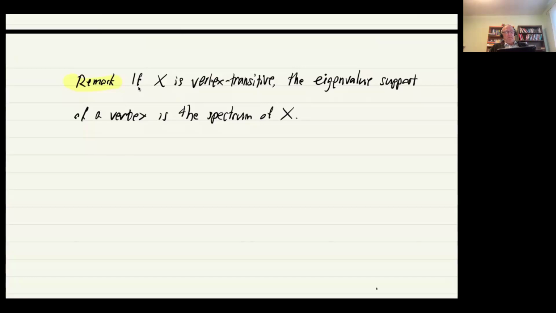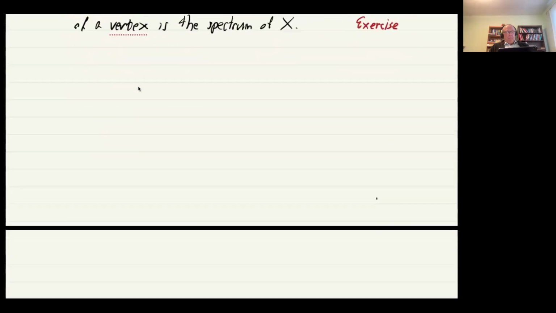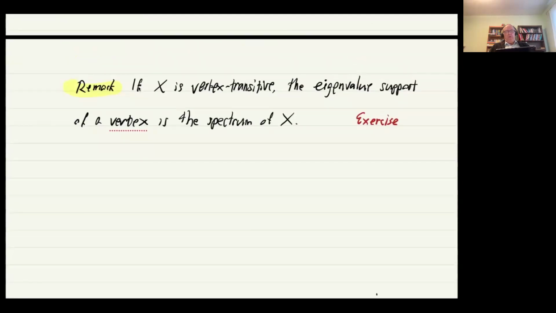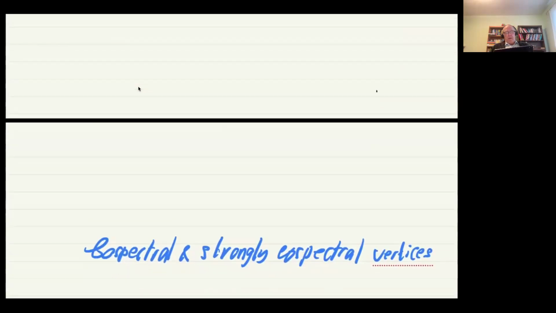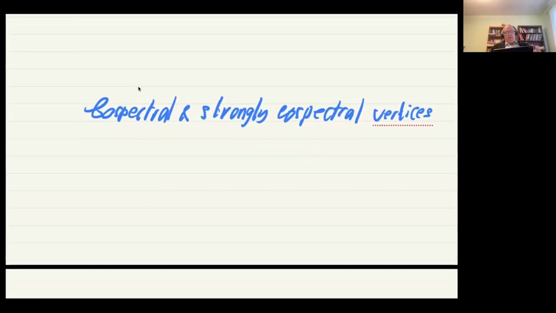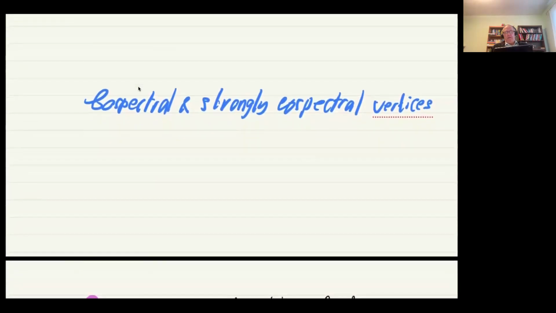I'm going to make this an exercise. Leave it at that. But anyway, this is a fact we can use if we need it, that the eigenvalue support of a vertex is just the entire spectrum.